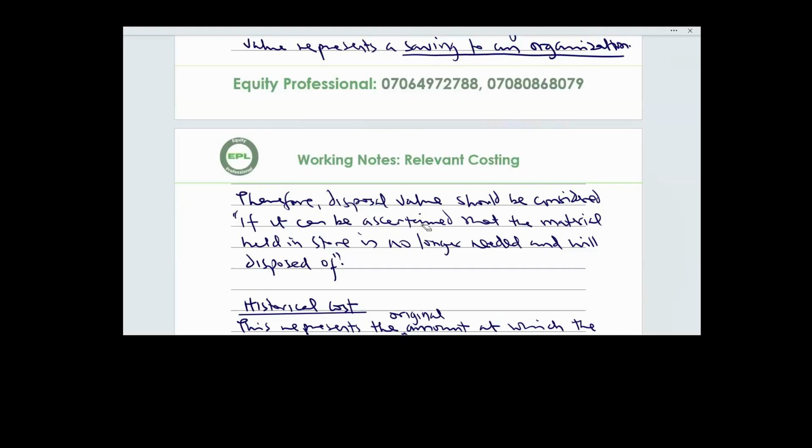It is irrelevant. But if you are told that the material will be disposed of or sold, that is only when you treat disposal value as a saving. Of course, as we proceed, you are going to see all these kinds of examples and the way we are going to treat them. All right, so that is that.